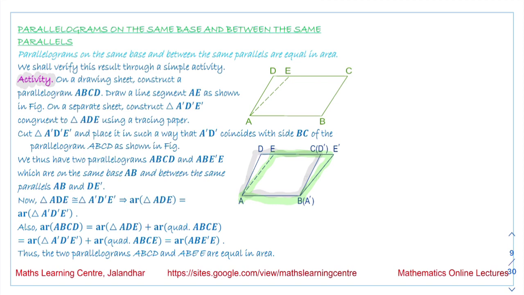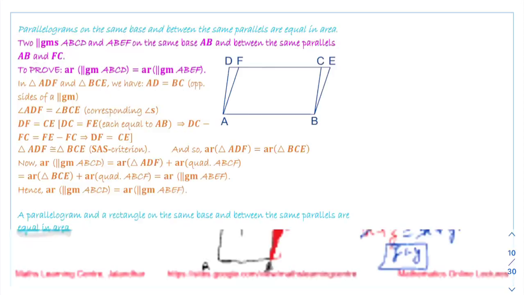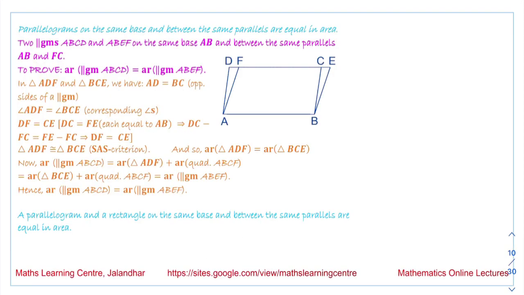Now the next thing we have is that we are going to prove this result, that parallelograms on the same base and between the same parallels are equal in area. So we are talking about two parallelograms. One is ABCD, and the second we are talking about is ABEF.